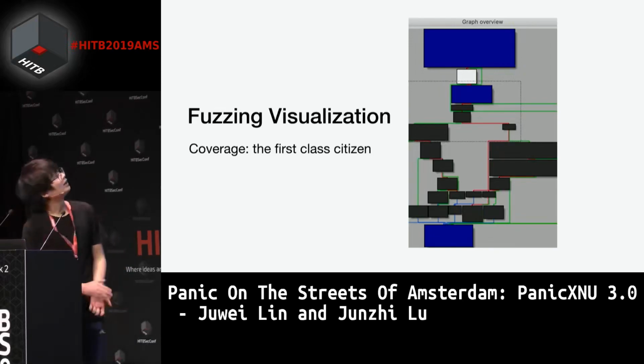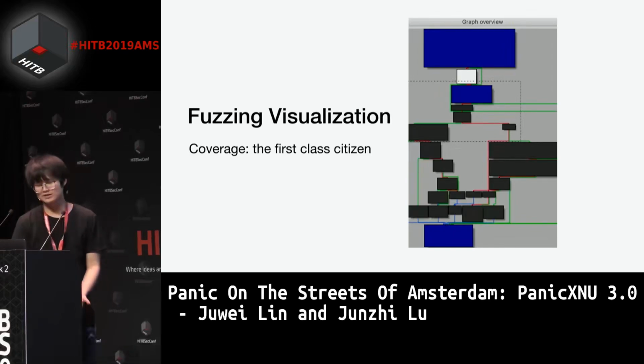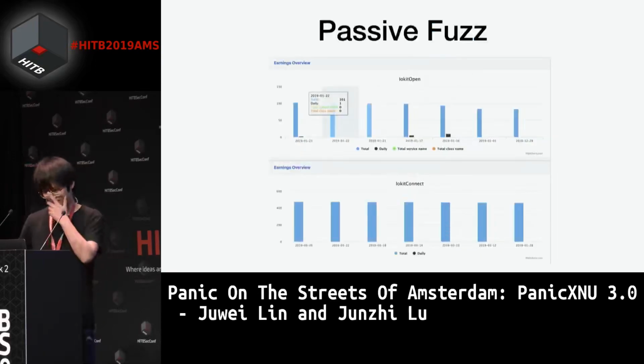Here we go. This is about fuzzing visualization and coverage, the first class in our fuzzing. This is our passive fuzz. We mainly hook two functions: alkyd service open and alkyd connect call method.